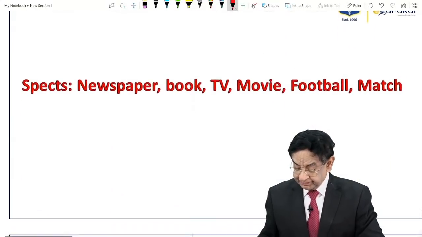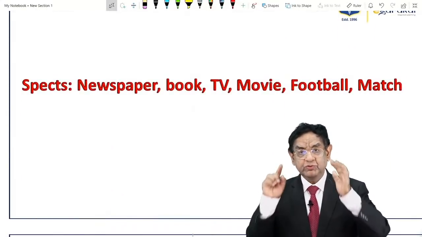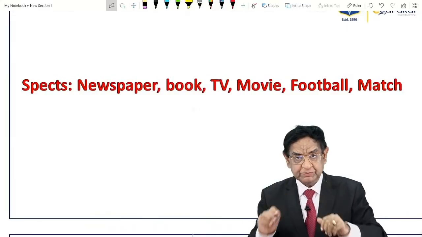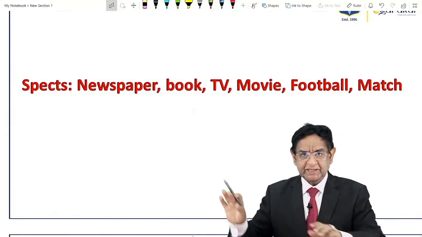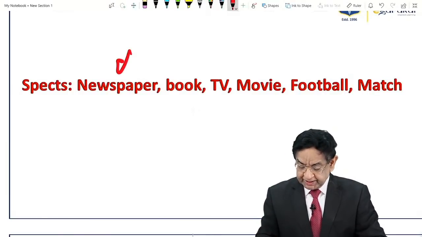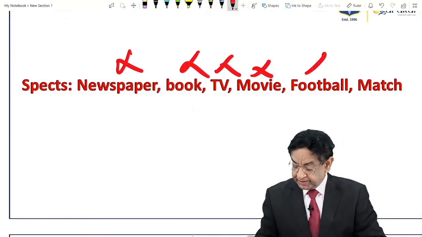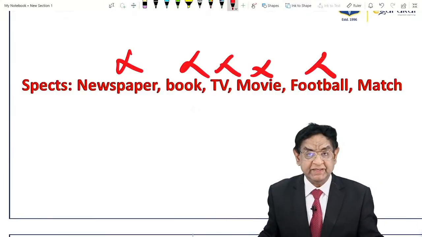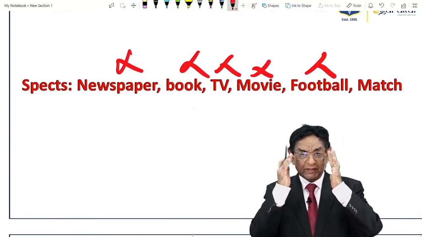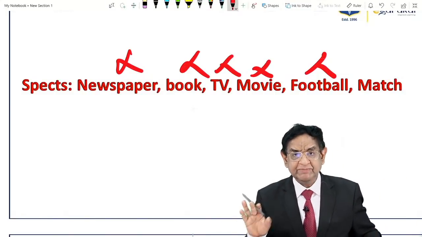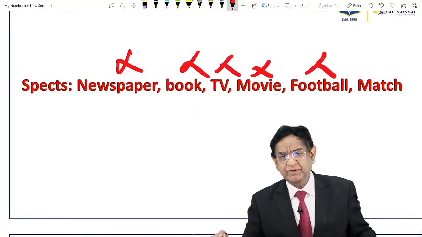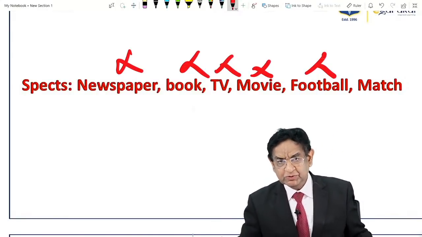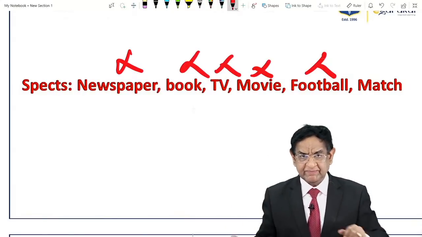Use basic concept the way I use my specs. Suppose you misplaced your specs. You can't read a newspaper, book, TV, movie, nothing. Why? Specs are not there. If you put on specs, you can do anything. Same thing with basic concept. If you don't have basic concept, you will never be able to perform in any exam. So friends, make your basic concept very strong.